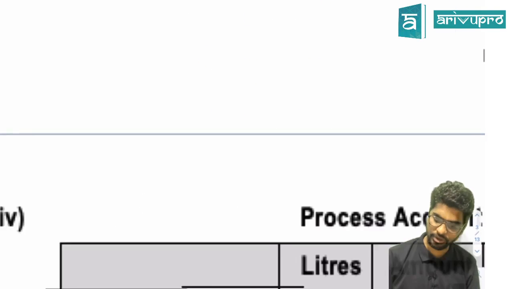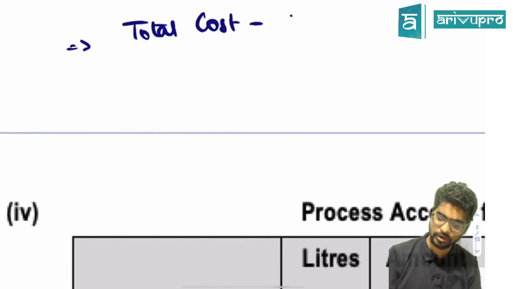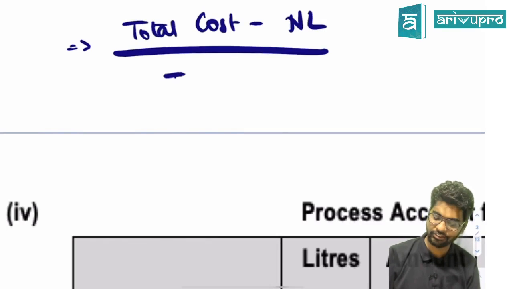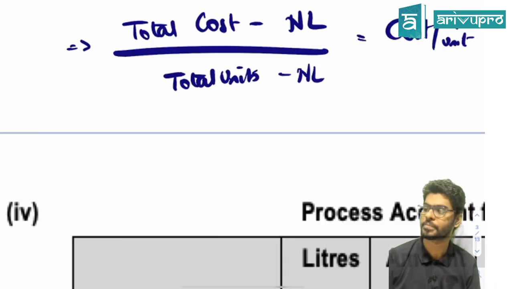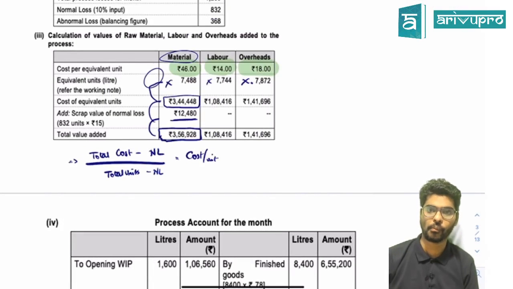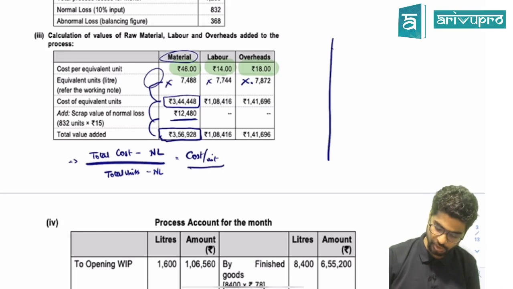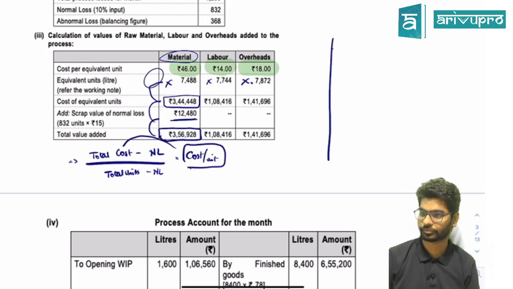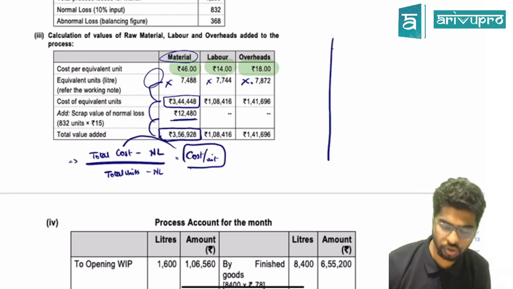Guys, if you remember what we were doing, total cost minus normal loss divided by total units minus normal loss was giving me cost per unit. Yes or no? Now in this particular scenario, I know cost per unit. My objective is to arrive at total cost.